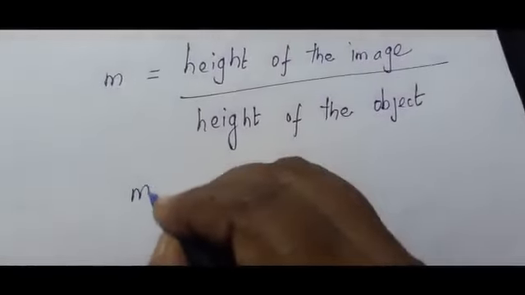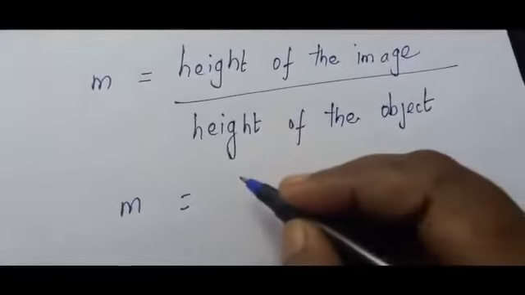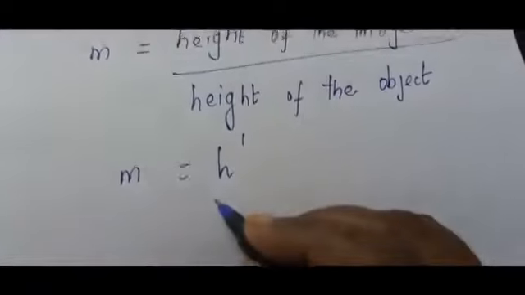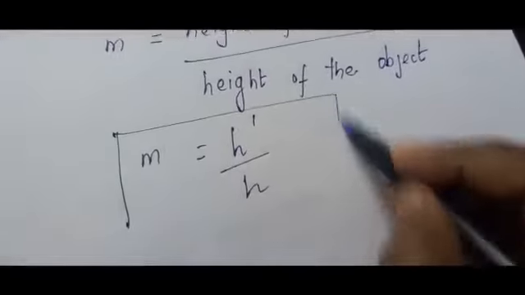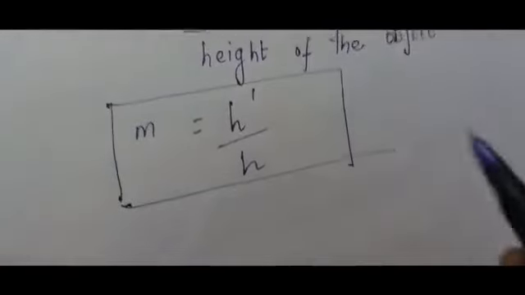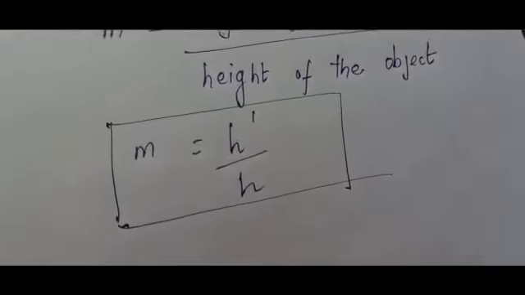So M equal to h dash divided by h is the formula for magnification of a lens.